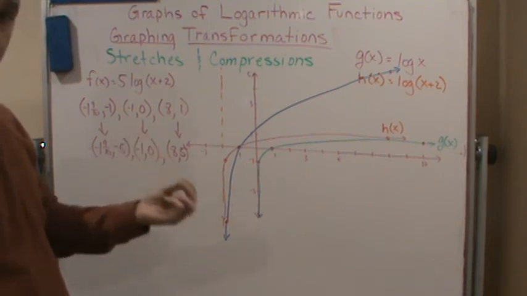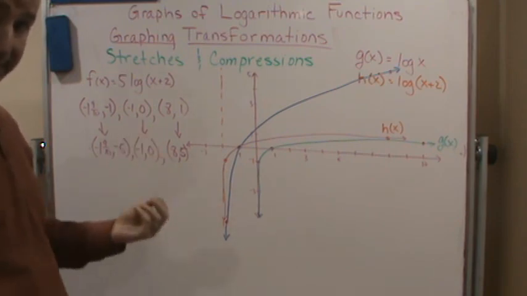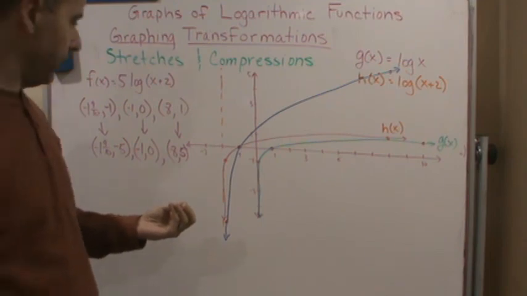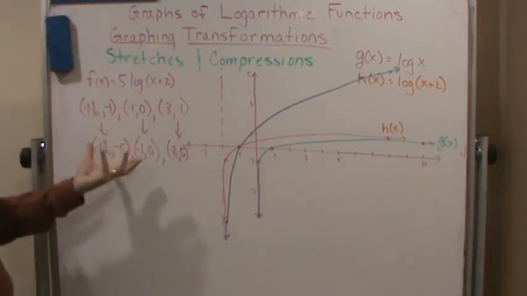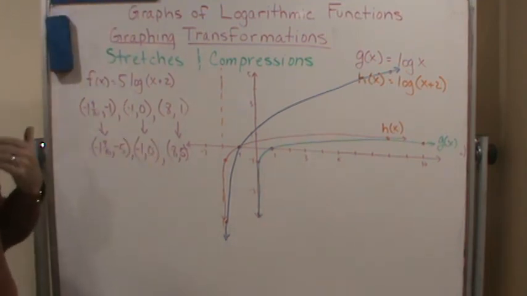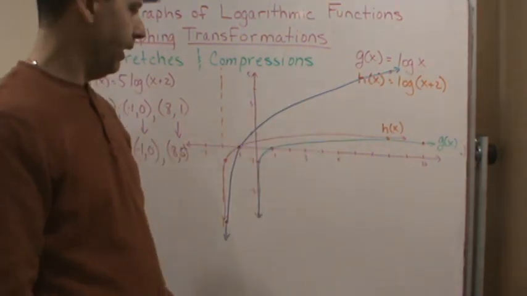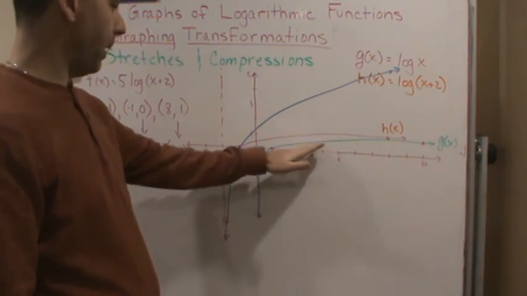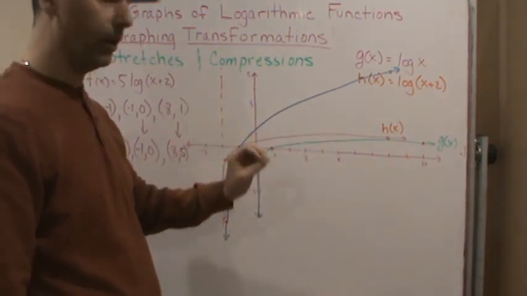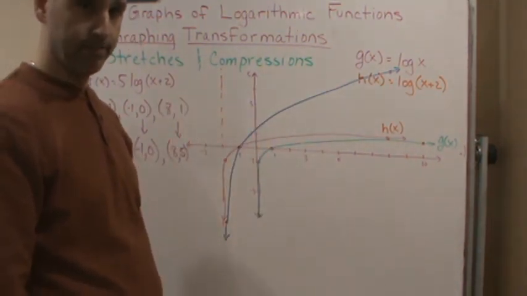If you know those 3 points for the basic parent function, then you could use the transformations on those points and get the same points. But again, you have this option here to do as well. On an exam situation, I would probably do it this way because it makes it clear that you're using transformations.